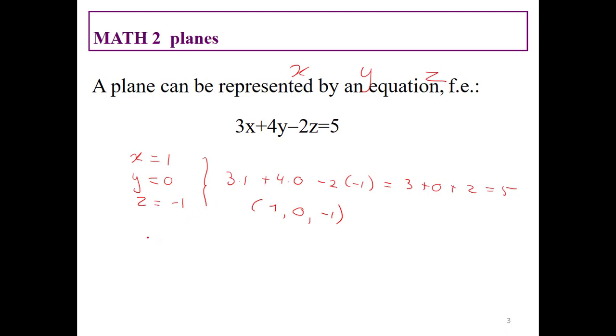Another simple point would be the point 1, 1, 1. Because then we have 3 times 1 plus 4 times 1 minus 2 times 1 would be 3 plus 4 minus 2, and again that would give us 5. So these are two possible points on this plane.